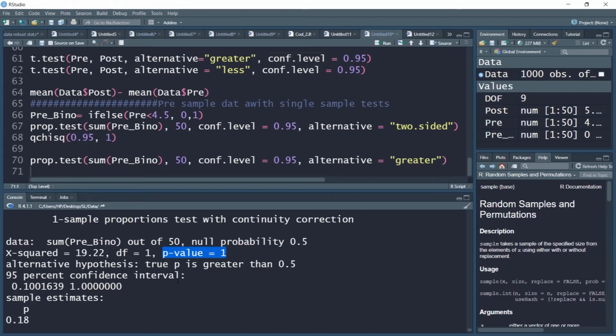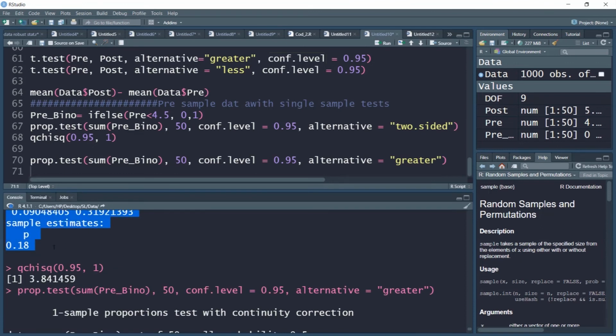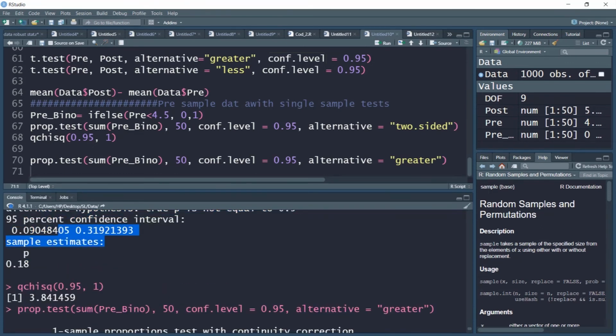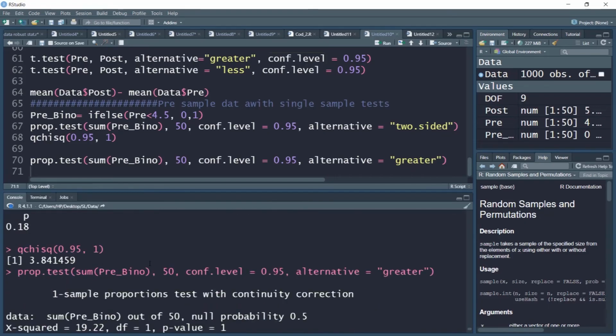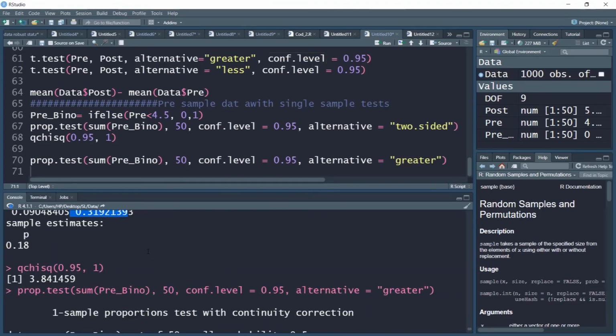Because in our previous test itself, we could see the sample estimate of 0.18 and sample interval as 0.09 to 0.319, which is lower than 50%, 0.5, which already indicated to us itself that those with a score of 1 have a lower probability than 50%. So in this hypothesis, where we are hypothesizing that null is that their probability is 50% and alternative is that probability is greater than 50%, is spurious.